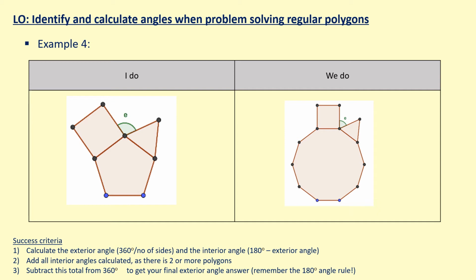On my red pen. Sorry, one moment, guys. Nearly there. All right, so we have a pentagon, a square, and a triangle.